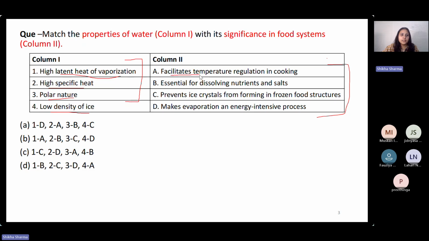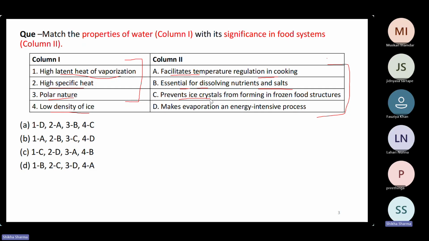A is facilitates temperature regulation in cooking. Second is essential for dissolving nutrients and salts. Third is prevents ice crystals from forming in frozen food structures. And D is makes evaporation an energy intensive process. So anyone who would like to answer, which one is the correct answer out of all these?